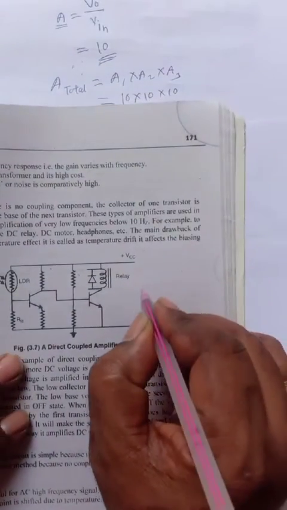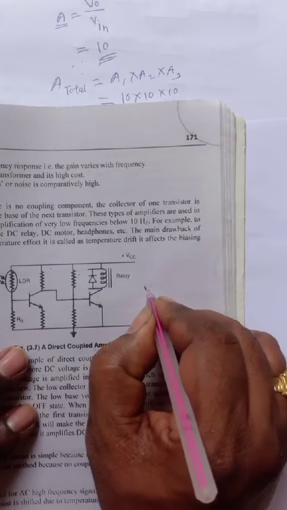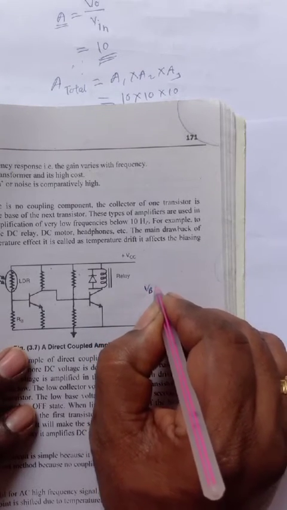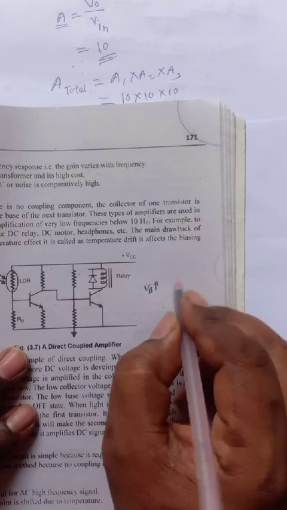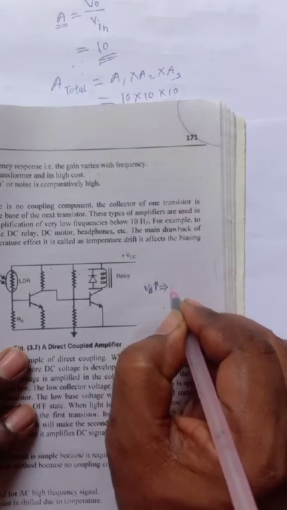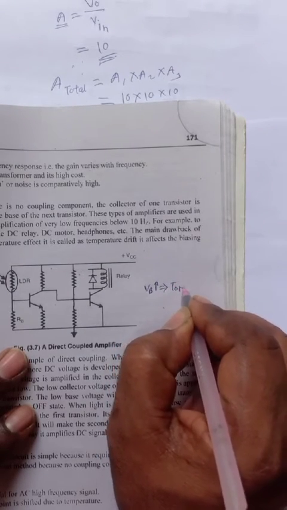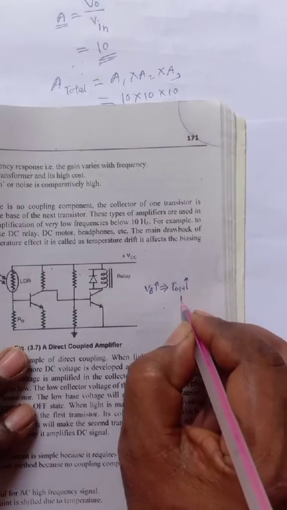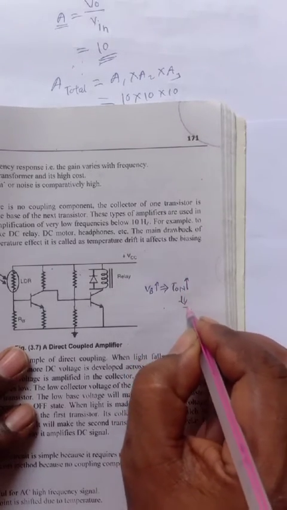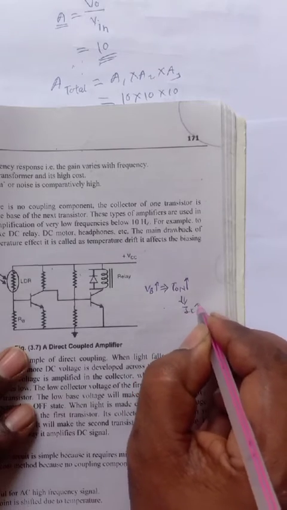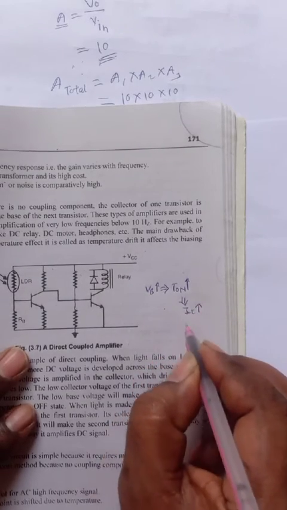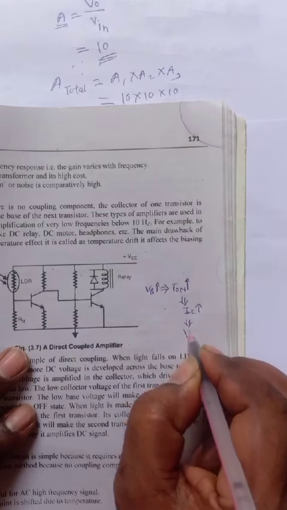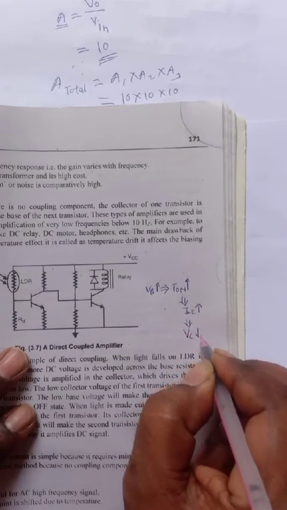So as I am writing here, as base voltage increases, the transistor will turn on. As the transistor turns on, collector current increases. As collector current increases, collector voltage decreases.